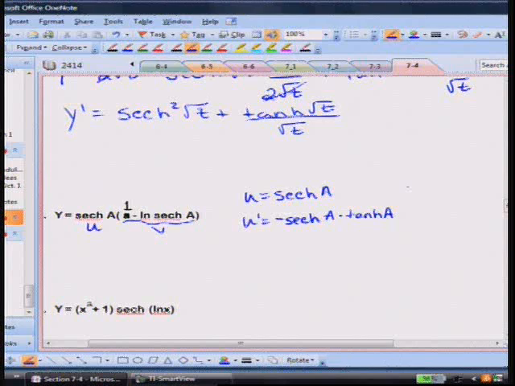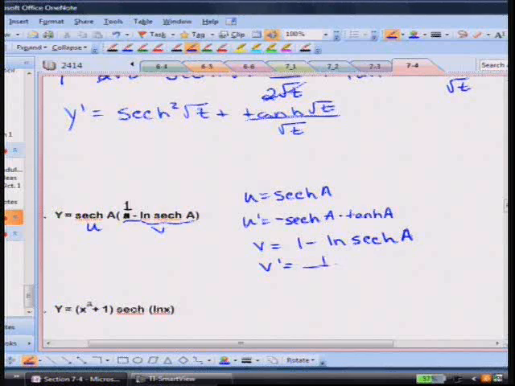Okay? And if v is equal to 1 minus the ln of the hyperbolic secant of A, then v prime is equal to, all right, the derivative of the ln is 1 over the hyperbolic secant of A, 1 over x, right?